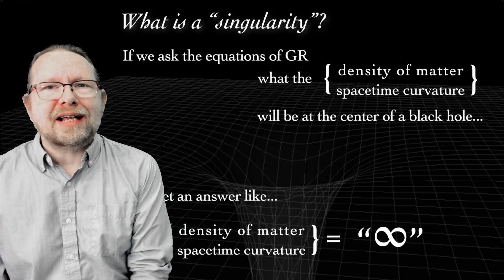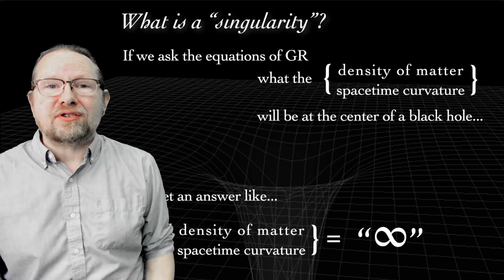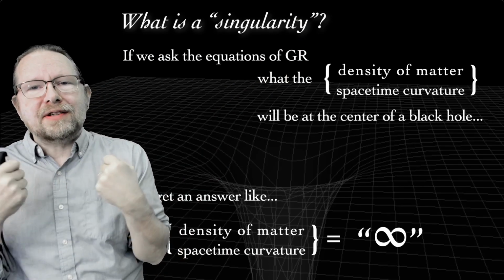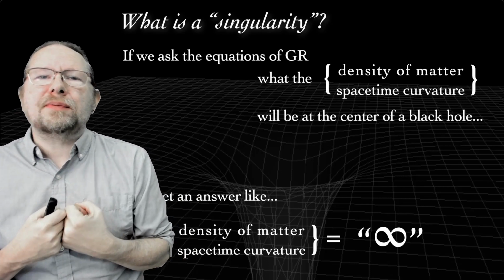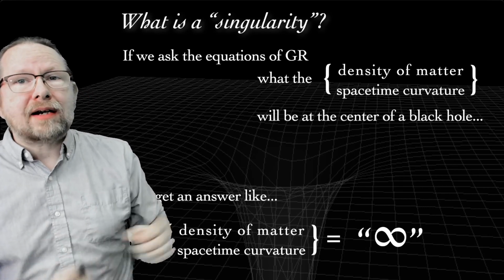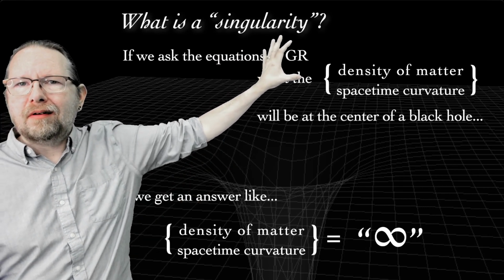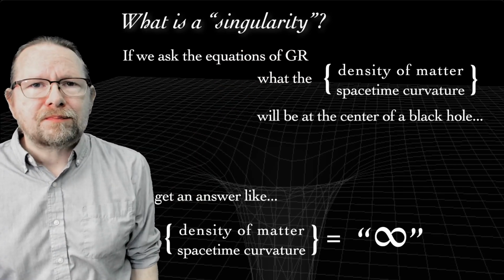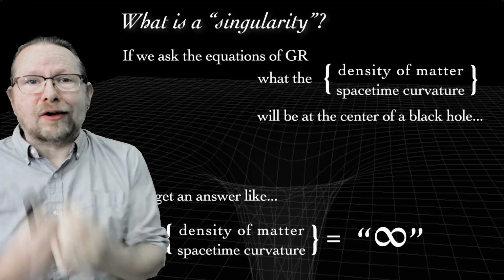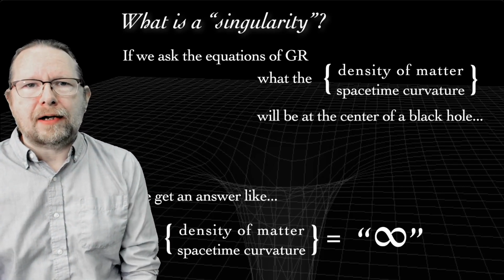Most physicists see this as evidence that general relativity and quantum theories are incompatible with one another. They don't play nicely together. This singularity is a signpost to the fact that we probably need a new kind of physics that can describe very massive objects that are on the quantum scale, that are the size of protons and atomic nuclei.